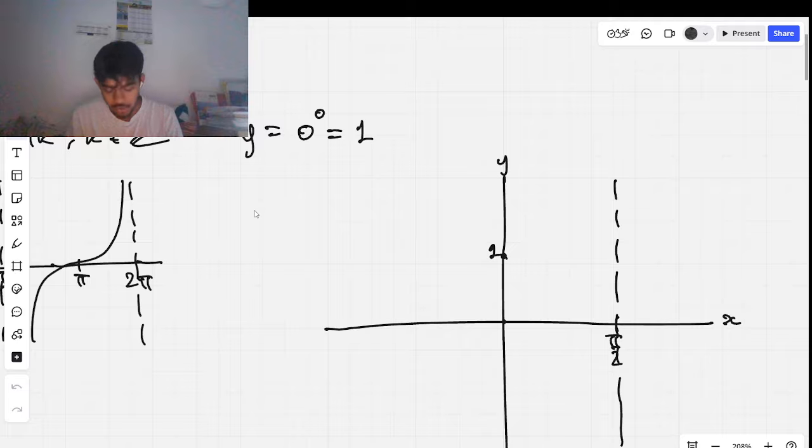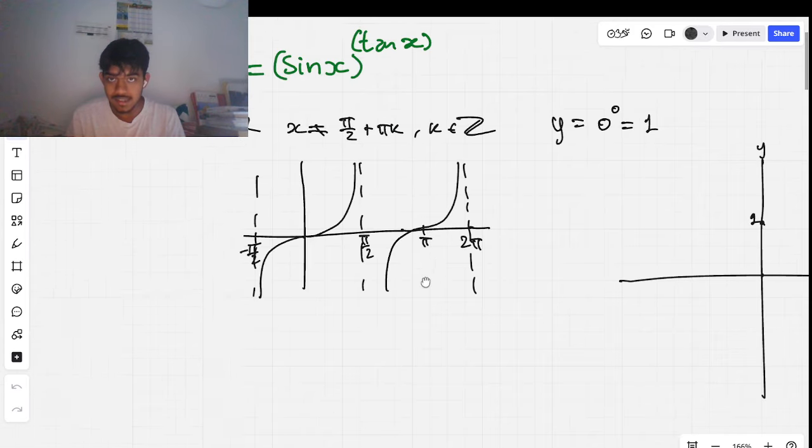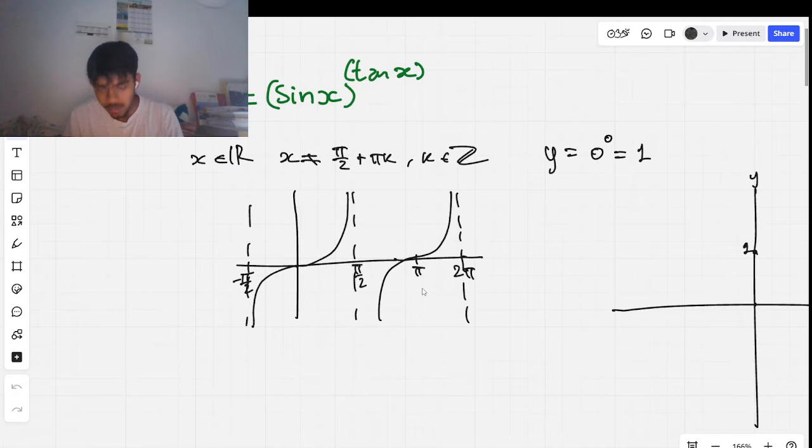Now, before doing that, I also need to realize that tan being the exponent means that tan x between certain values is less than 1. So, for instance, tan x can be a half. That implies that sine x cannot be a negative number.